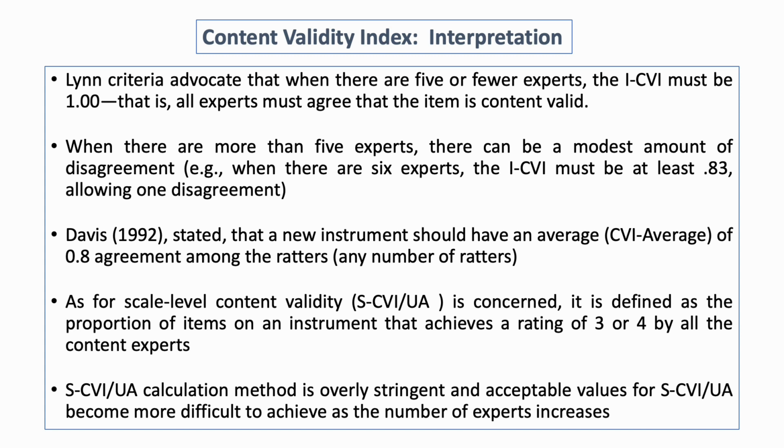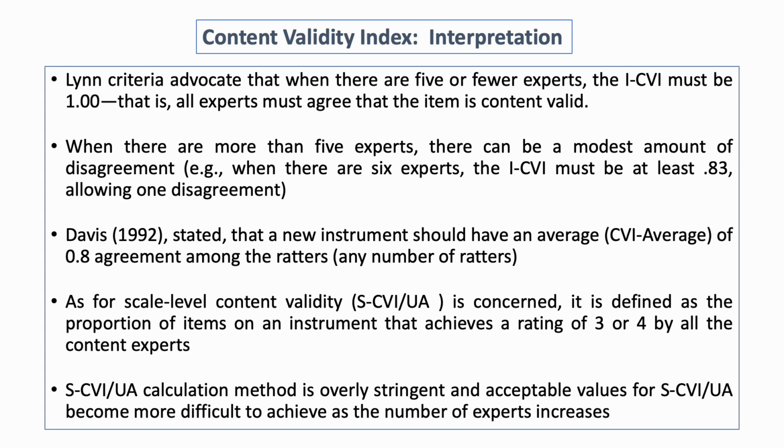So all experts must agree if you are engaging 5 or fewer. Fewer than 5 is not really acceptable, so it should be a minimum of 5, but it's better for you to engage more than 5, then you will have more leverage in the Lynn criteria. So when there are more than 5 experts, there can be a modest amount of disagreement, e.g. when there are 6 experts, the ICVI must be at least 0.83, allowing one disagreement.